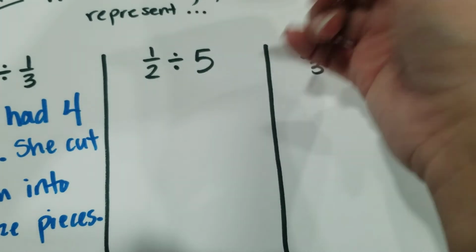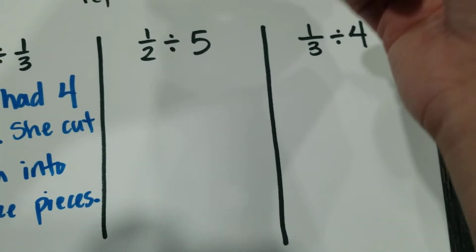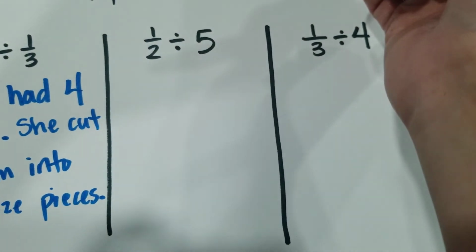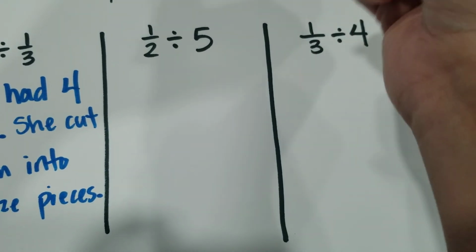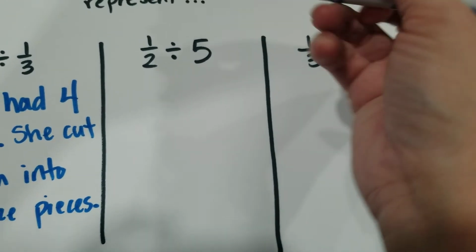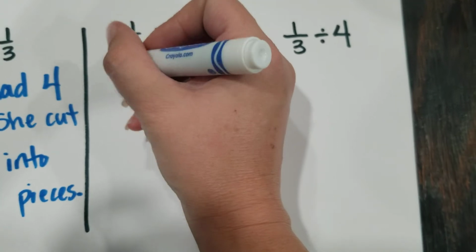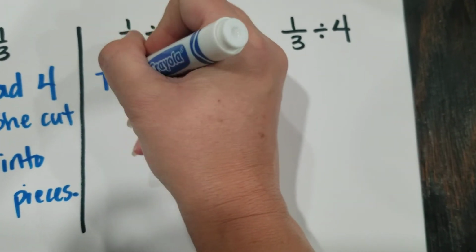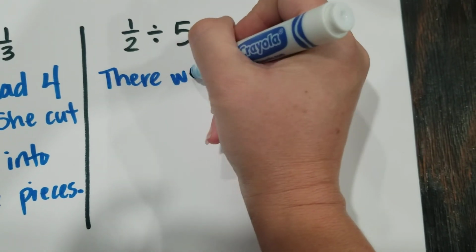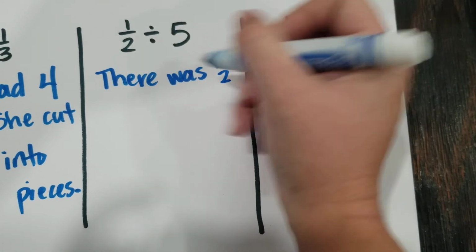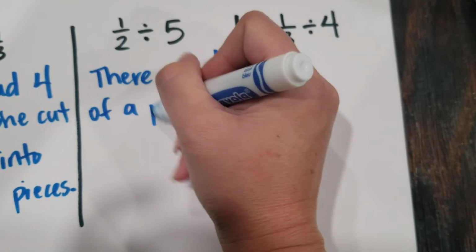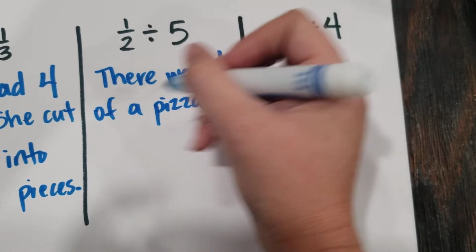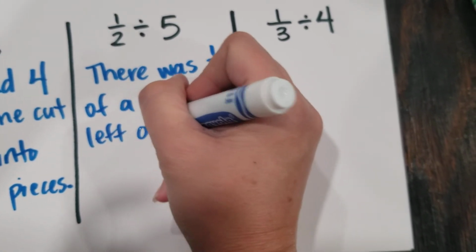Okay. So your story problem can be different for everybody. Just make sure that your 1/2 is what you are starting with. It's whatever you are splitting up and cutting and dividing and sharing. So let's see. I'm going to put, there was 1/2 of a pizza left over.